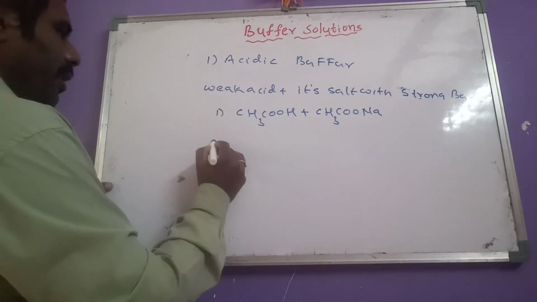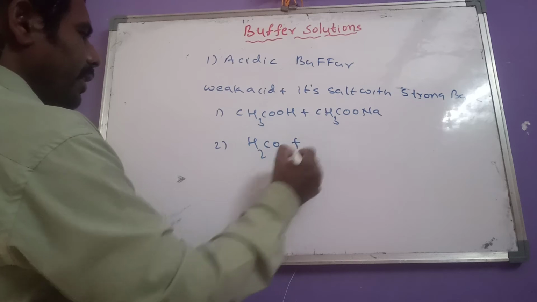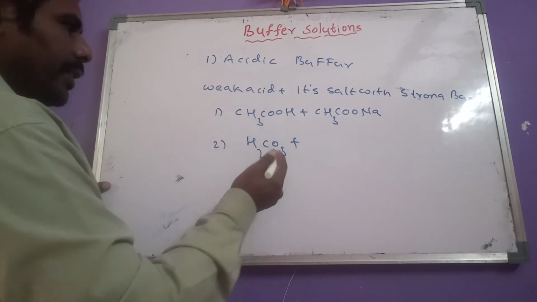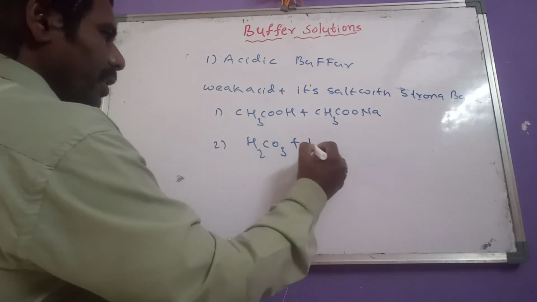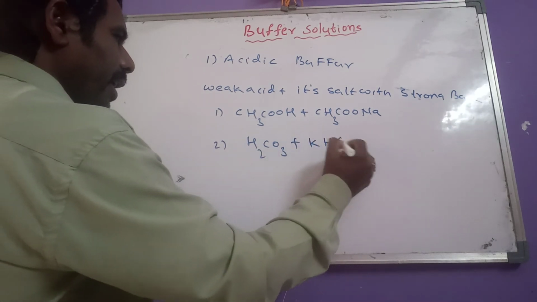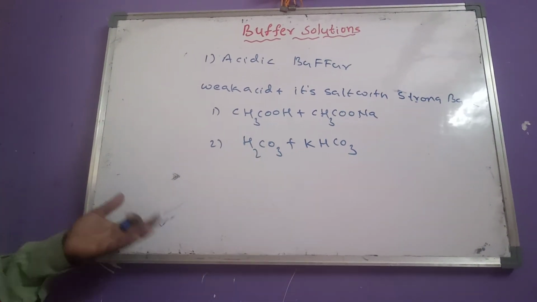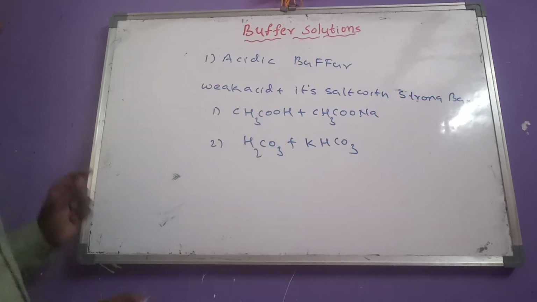And a second example we see here, carbonic acid. It is one of the weak acids, and with any strong base like NaOH or KOH, we get which one? KHCO3. So this mixture is also called an acidic buffer and its name is carbonate buffer.